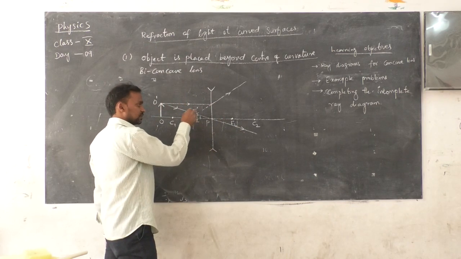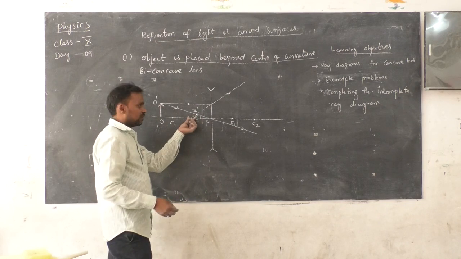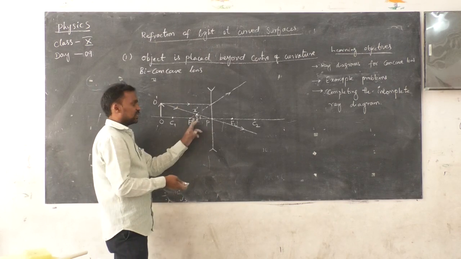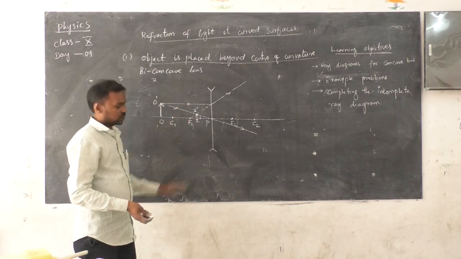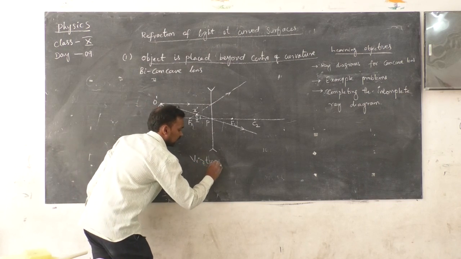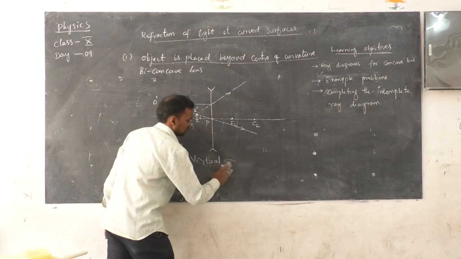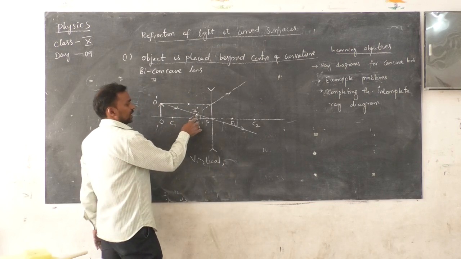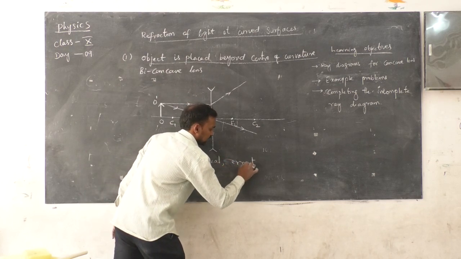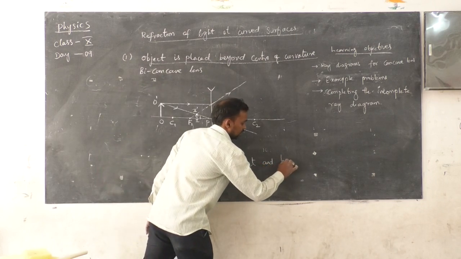So as it cannot be caught on the screen, this is a virtual image which is forming on the same side, and it is above the principal axis. Therefore it is erect. So we can write it is a virtual image, virtual, erect and highly diminished.